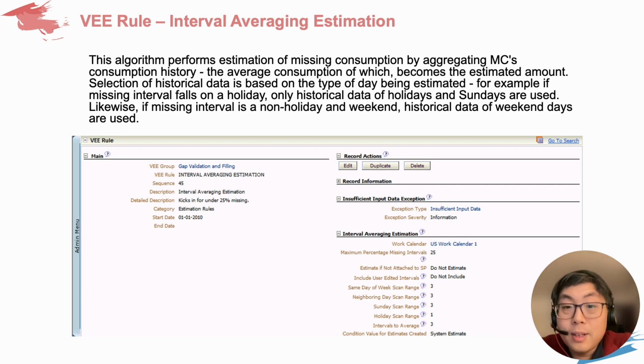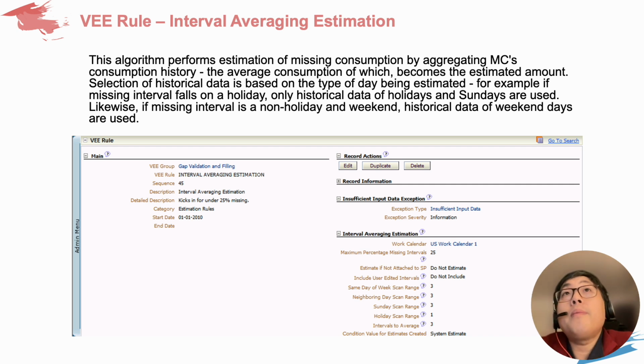Zero with a condition of actual is very different from zero with a condition of missing. This makes a huge difference in terms of how the system works. If you load a read with consumption zero and actual, no estimation is going to happen. But if you load reads with some of the values zero and missing, and you run estimation rules, they are going to estimate these ones.